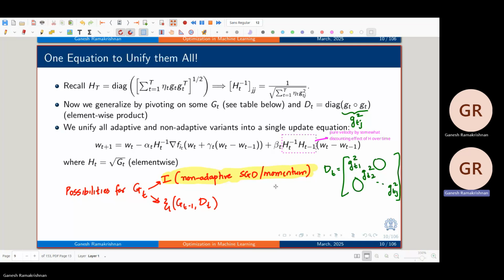So you can think of it as DT, diagonal. So all of these will be some function of this, right? So obviously I won't have space in the table to fill up all of this.